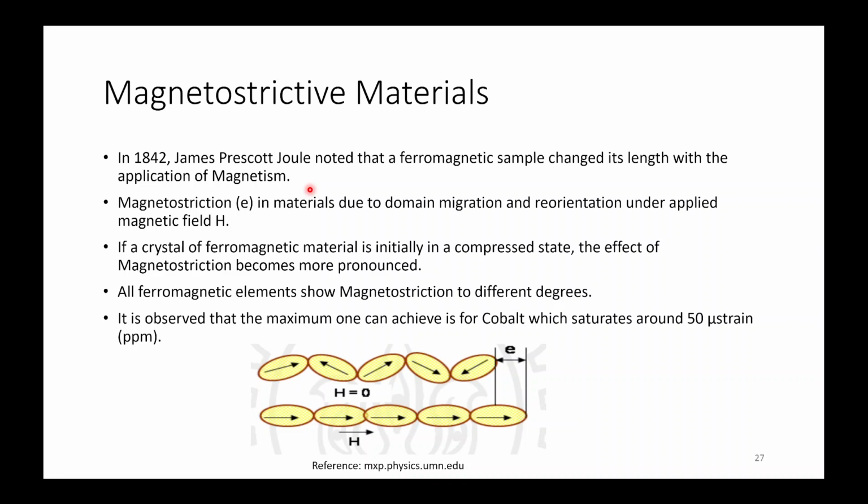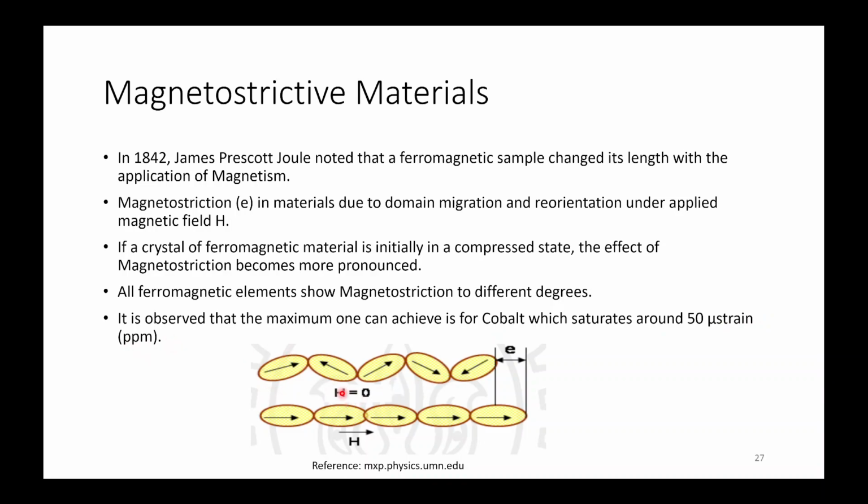Now, magnetostriction occurs in materials due to domain migration and reorientation under applied magnetic field H. So, if a crystal of ferromagnetic material is initially in a compressed state, the effect of magnetostriction becomes more pronounced, and all ferromagnetic elements show magnetostriction to different degrees. It is observed that the maximum one can achieve is for cobalt, which saturates around 150 microstrain, which is ppm.